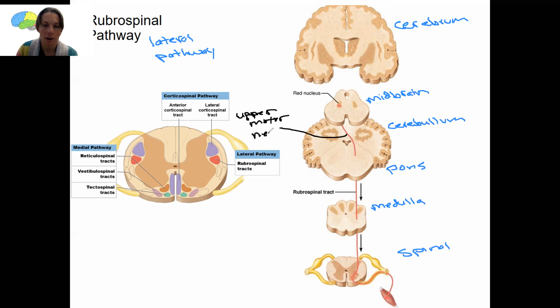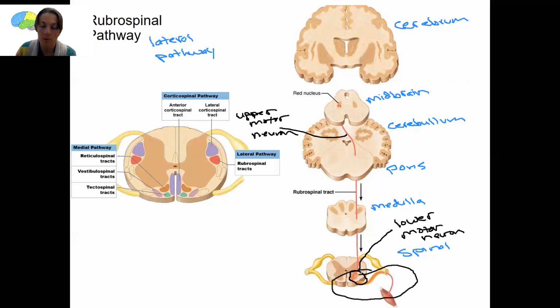And in this diagram, the lower motor neuron is not a different color, but you can see it right here. There is an interneuron in there, so sometimes you'll see that. But this is our lower motor neuron that is going to then, let me actually draw this all the way out here. Lower motor neuron is going to synapse onto the muscle cell at a neuromuscular junction.